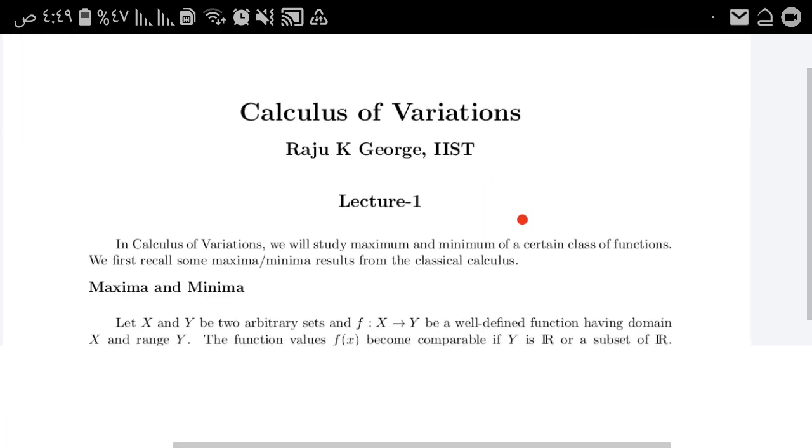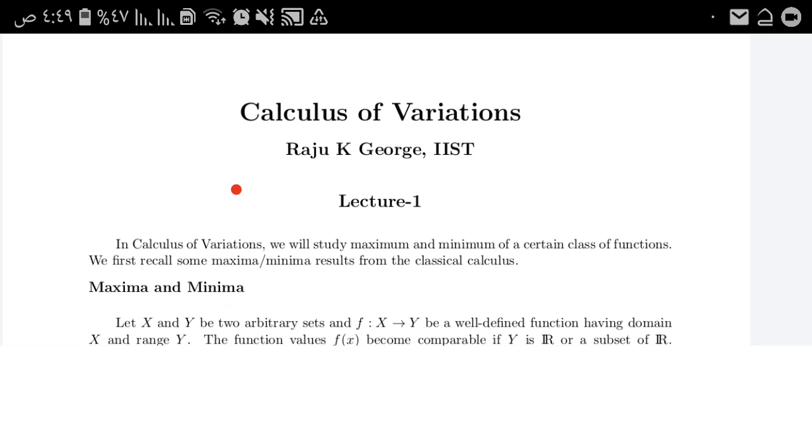a special class of functions. We will study maximum or minimum of a special class of functions, which has many applications in science. Before introducing the structure of calculus of variation, we first review some background about maxima and minima.